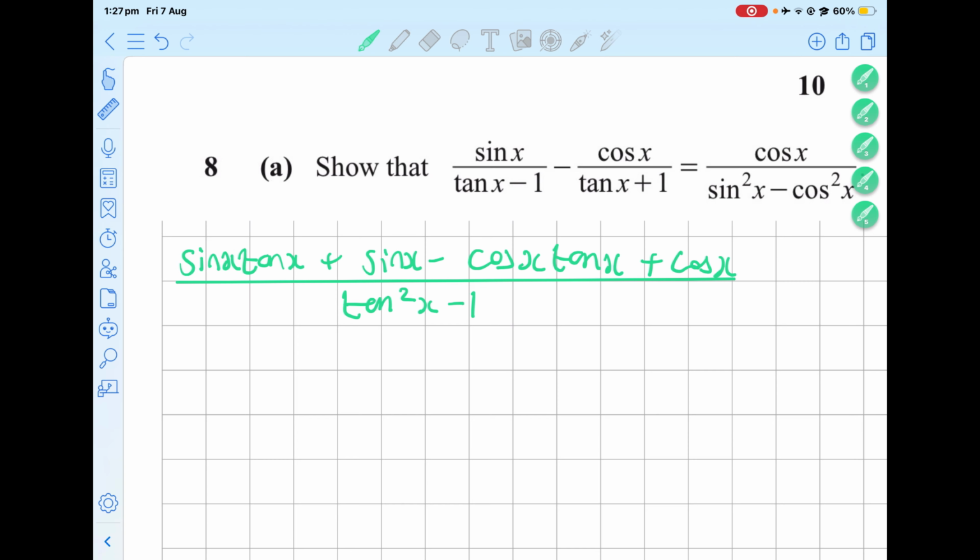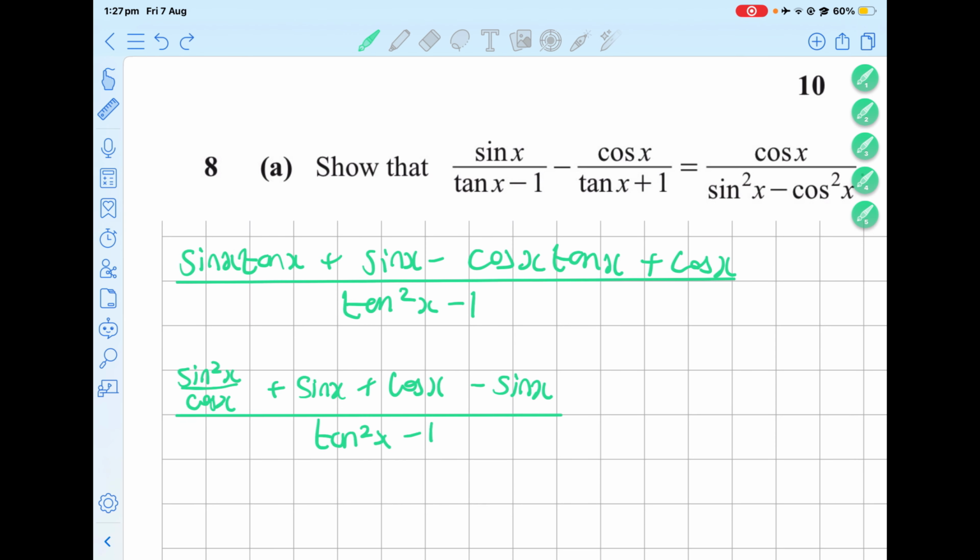So first we know that we could write this as sine squared x over cos x, and then plus sine x plus cos x, and then sine x over cos x times cos x, so that would be minus sine x, over tan square x minus 1.